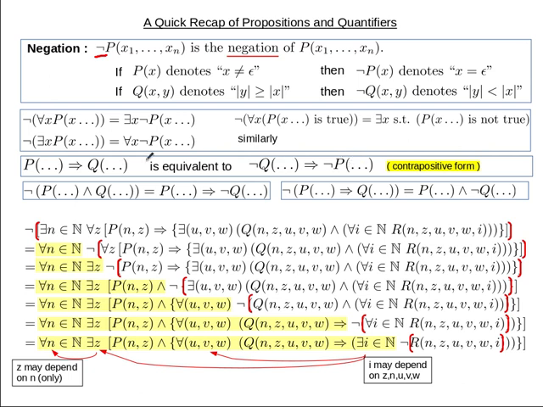This is saying that if p happens, then q must also happen. So if q doesn't happen, then p must not have happened. If p is true, then q must be true. So if q is not true, then p cannot be true, right? It's just the contrapositive form of this thing.